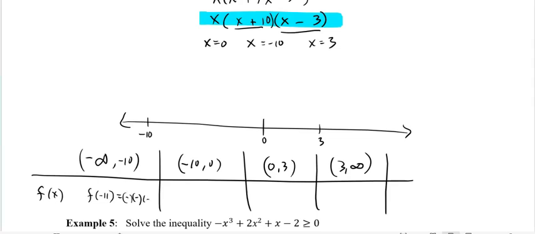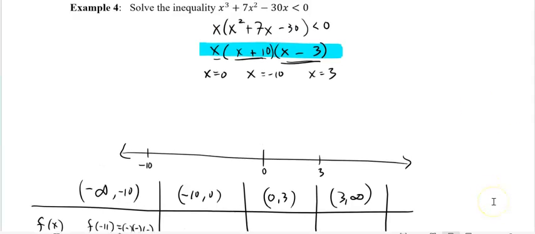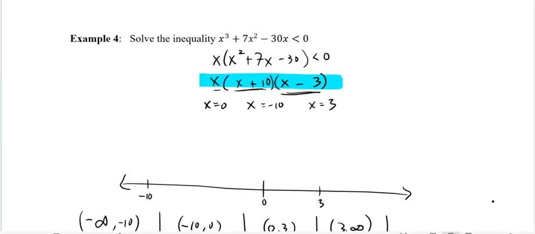I'm just plugging it into my factored form, and it's the product of 3 things. 1, 2, 3. Everything's negative when I plug in a -11, which means my result here is a negative number, right? Positive times a negative is a negative. So that's negative, or it's less than 0. Negative and less than 0 mean the same thing. So that interval is going to be part of my solution.